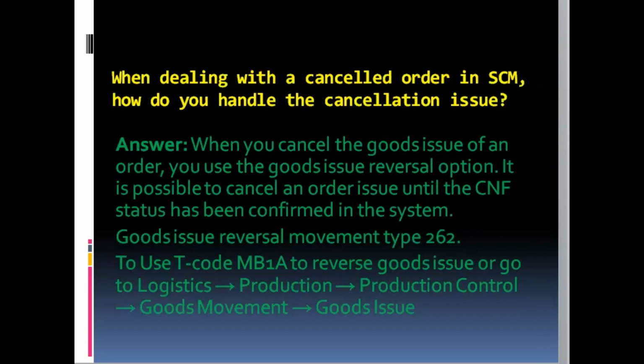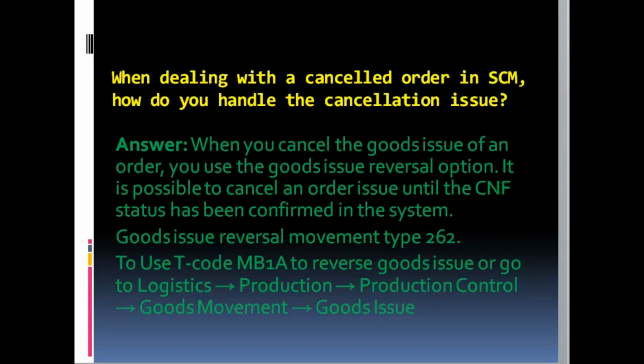When dealing with a cancelled order in SCM, how do you handle the cancellation issue? Answer. When you cancel the goods issue of an order, you use the goods issue reversal option. It is possible to cancel an order issue until the CNF status has been confirmed in the system.